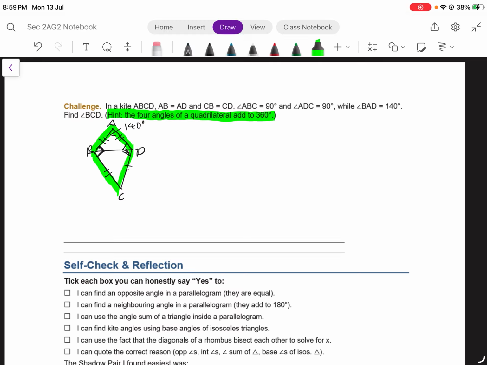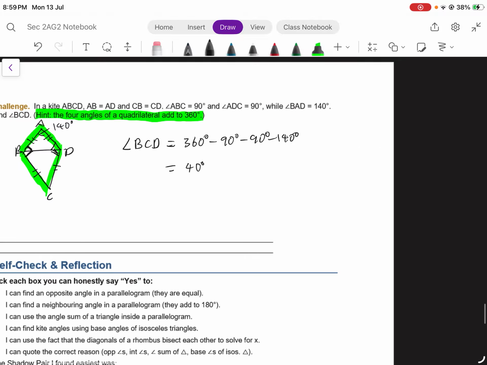So if these two are 90, it means that angle BAC is 360 minus 90 minus 90 minus 140. So 180, and you should get 40.